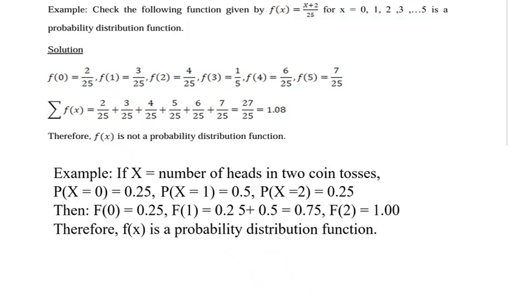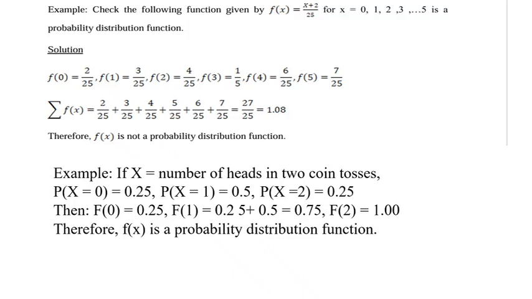To estimate f of 4, that will be 4 plus 2 over 25, which is 6 over 25. Then f of 5 will be 5 plus 2 over 25, which is 7 over 25. Then the sum of f of x, the summation over all xi, is f of x1 plus f of x2 plus f of x3 plus f of x4 plus f of x5, which is 2 over 25 plus 3 over 25 plus 4 over 25 plus 5 over 25 plus 6 over 25 plus 7 over 25.